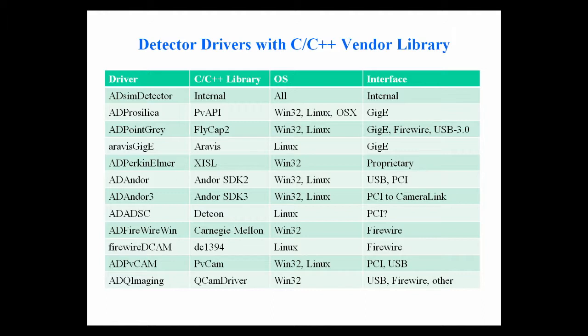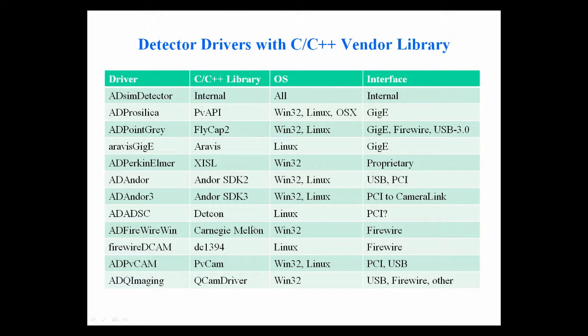They may have now some USB 3 versions of these as well. There's the ADSC detectors, which use an ADSC library, Linux only, and I'm not even sure what interface that is. I don't have one of these. Fiber. It's fiber. So it's a PCI card. Yes. To a PCI frame grabber, right.